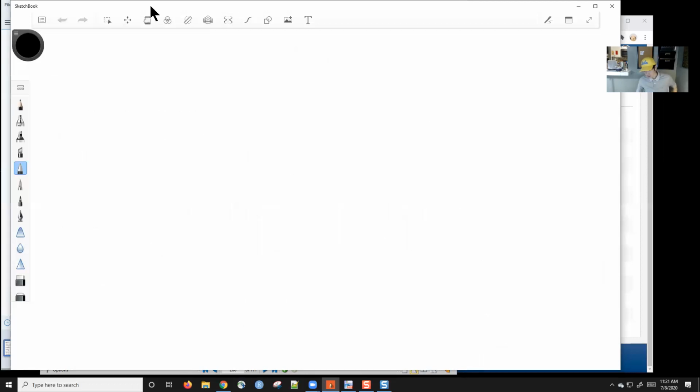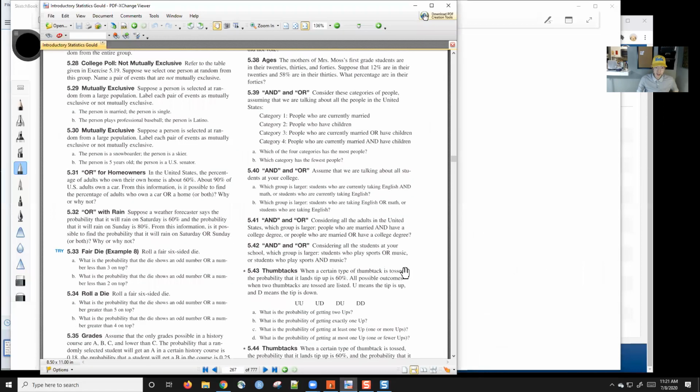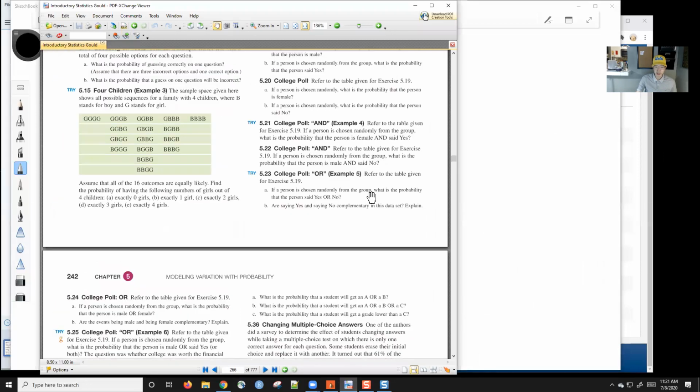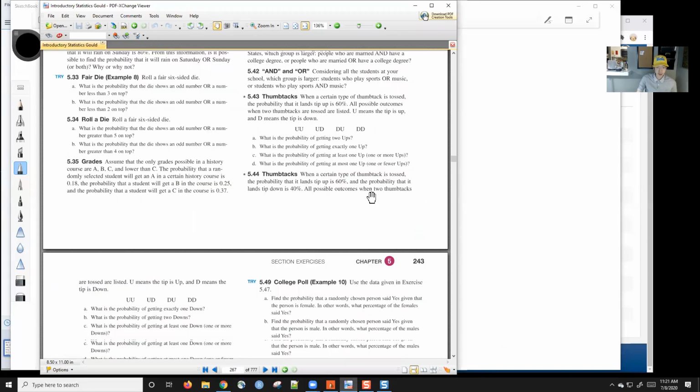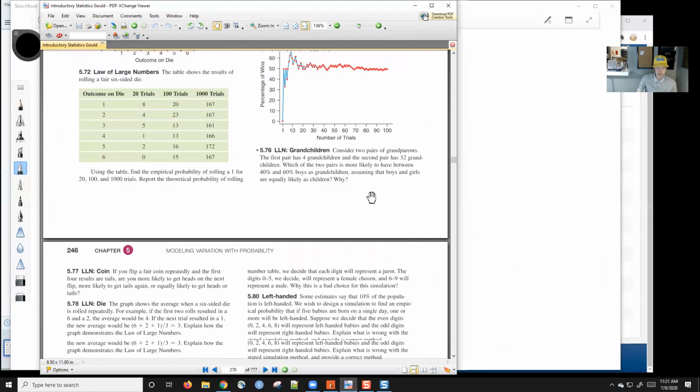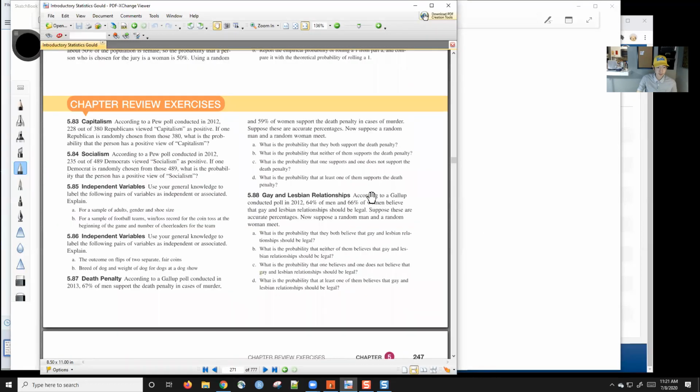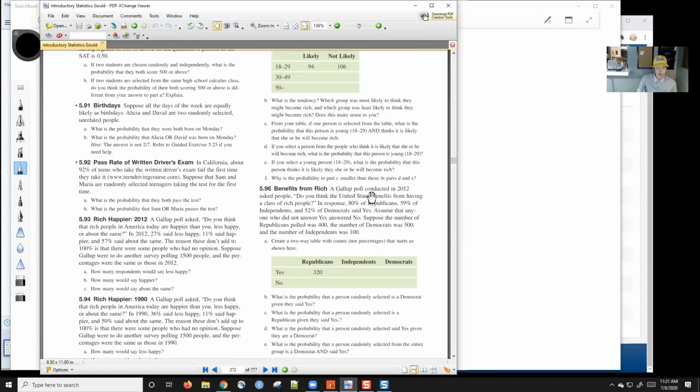Okay, let me keep ticking along here. Let me see if there's another example I can do. We have this table on the college poll. Let me scroll through.